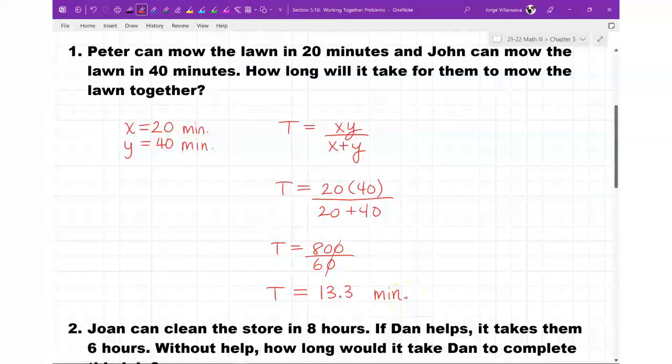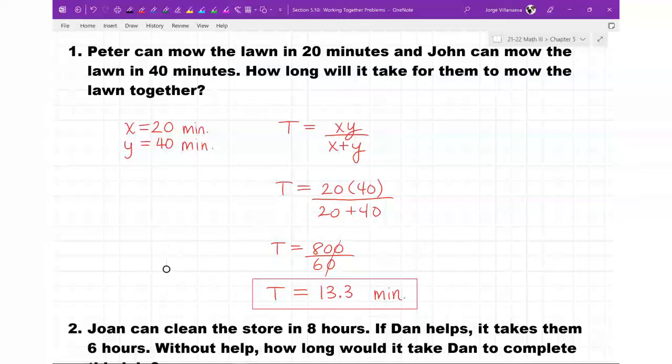And there you go. That's the answer they want. So if it took one person 20 minutes and another person 40 minutes, if they work together, they can get it done in 13.3 minutes. Okay? A third of a minute is 20 seconds. So you could say 13 minutes and 20 seconds, but it's okay to put 13.3 minutes.